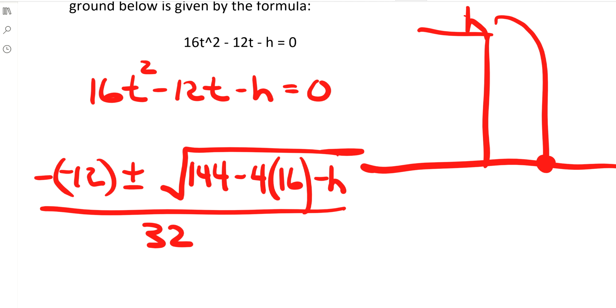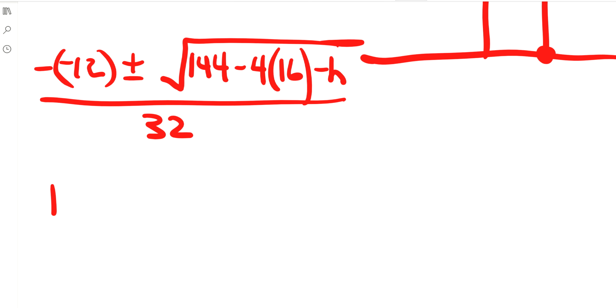And now let's work on the radical here. So let's see, starting with the beginning, I got positive 12 plus or minus, and let's see, what is this here? I've got 144, negative 4 times negative h is 4h.